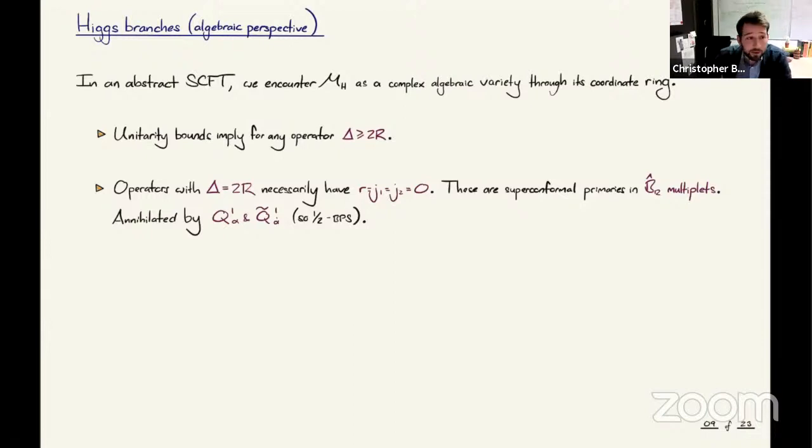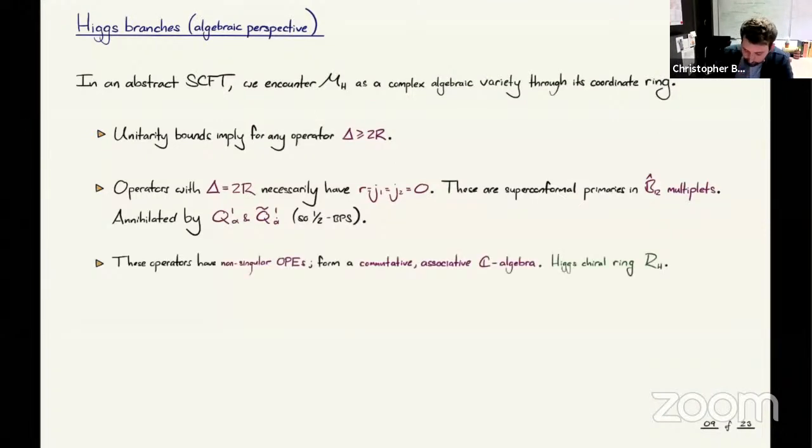And these are half BPS multiplets in the sense that this putative operator that obeys these conditions on its quantum numbers will be annihilated by the action of 4 different Qs, the Q1 alphas and the Q tilde 1 alpha dots, where alpha is plus or minus and alpha dot is plus dot or minus dot. So there are 4 of those.